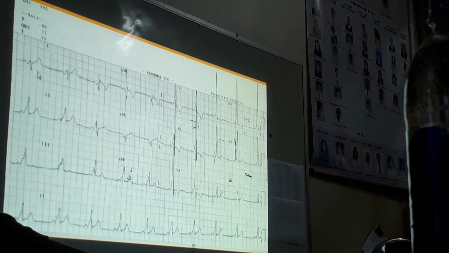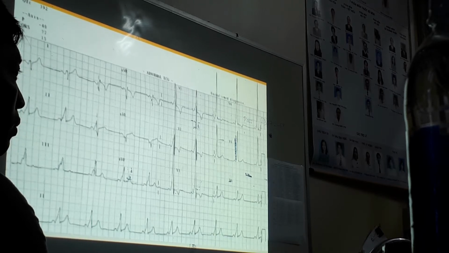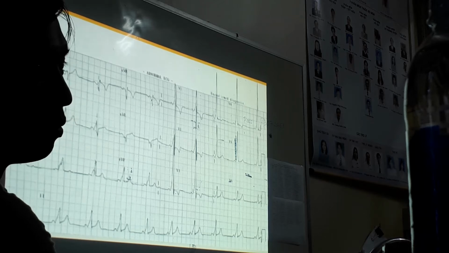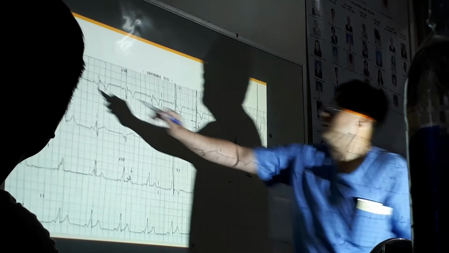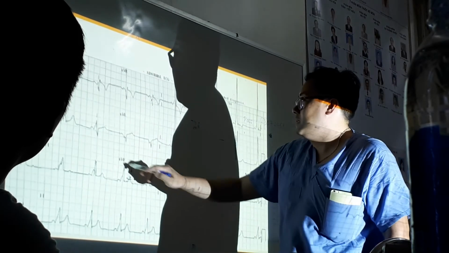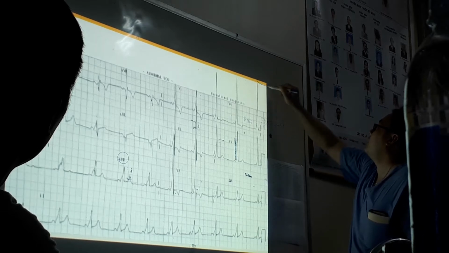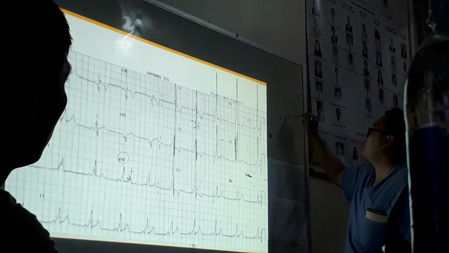So here's how I do it. You look at lead 1 and you look at lead aVF. I draw it out every time, even now. Lead 1 is in this direction, aVF is in this direction.